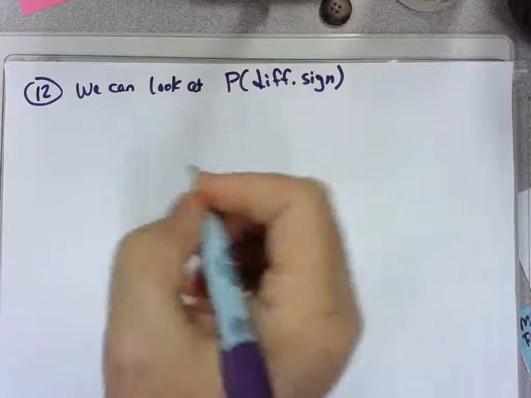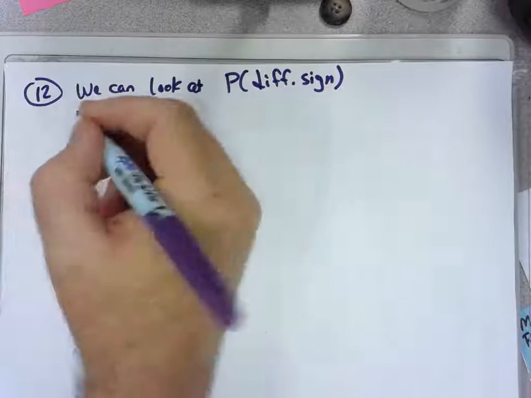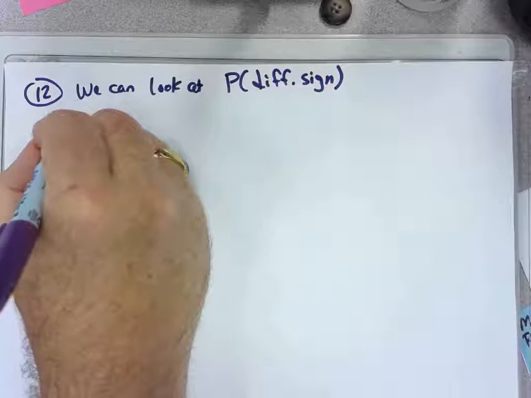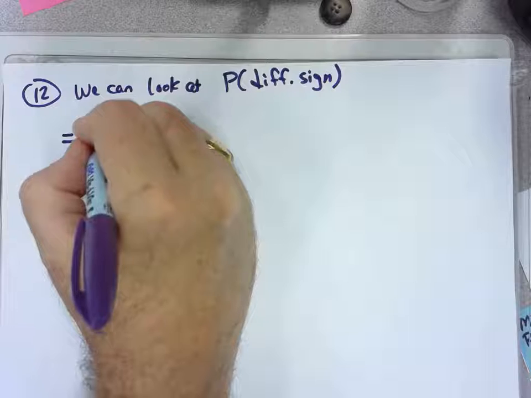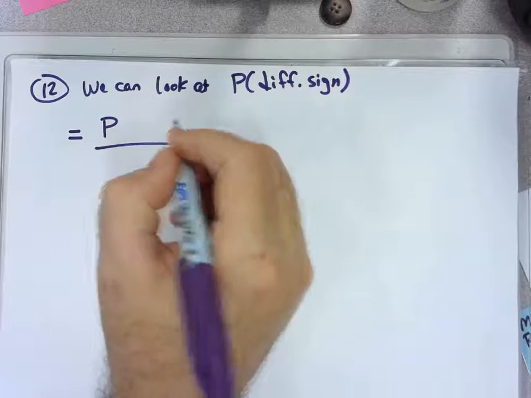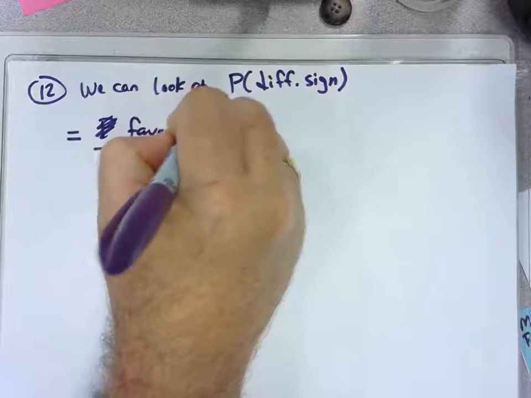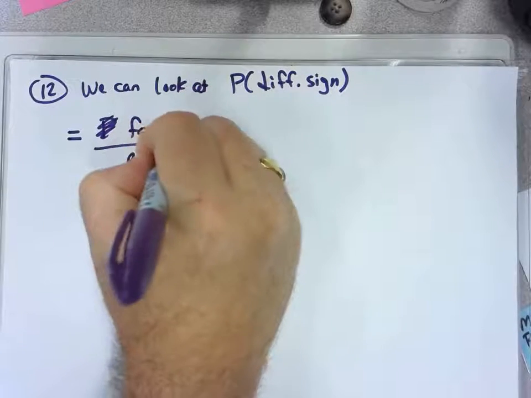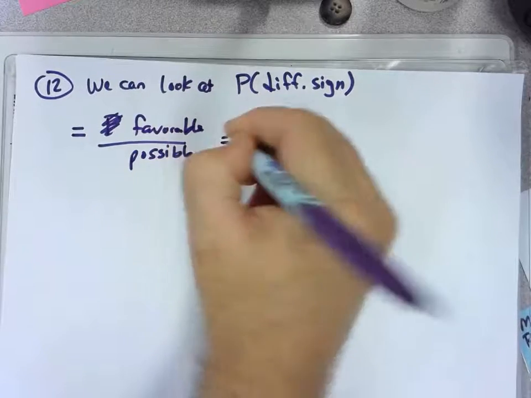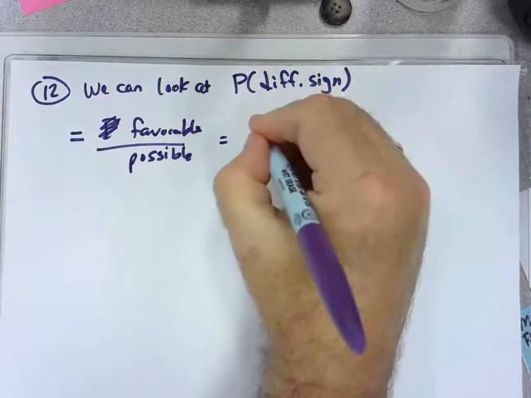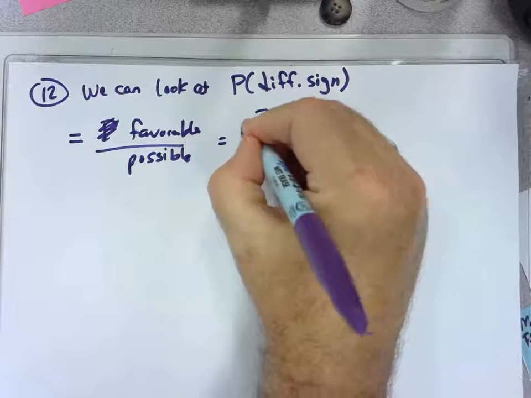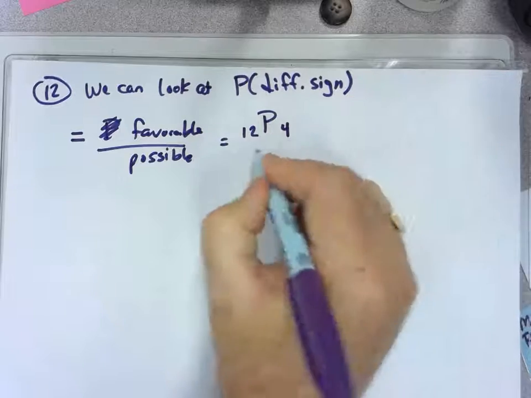You would use a permutation. So it's a permutation of what? We're looking at favorable, correct? You use 4 over possible. Times 12, right? 4 permutation 12, right? Yeah. The permutation of 12 items taken 4 at a time.